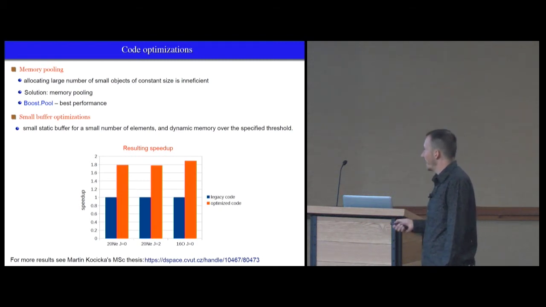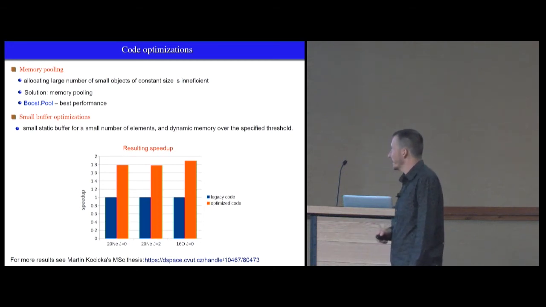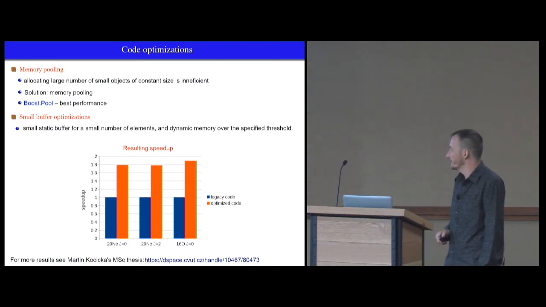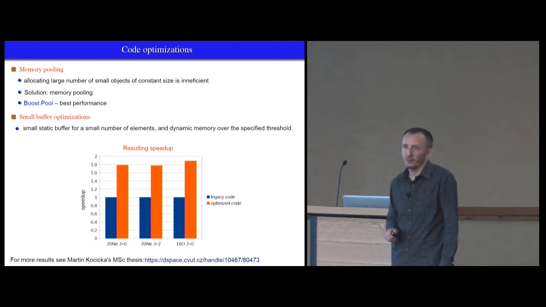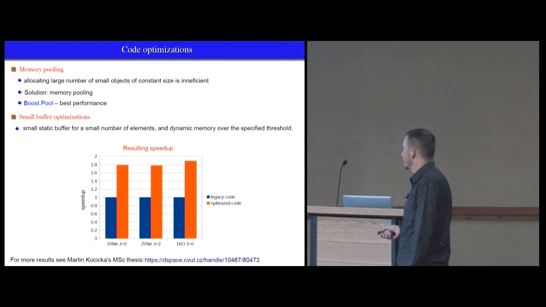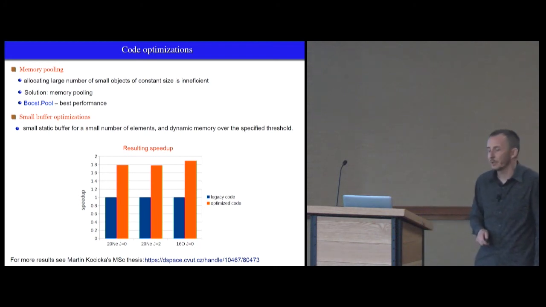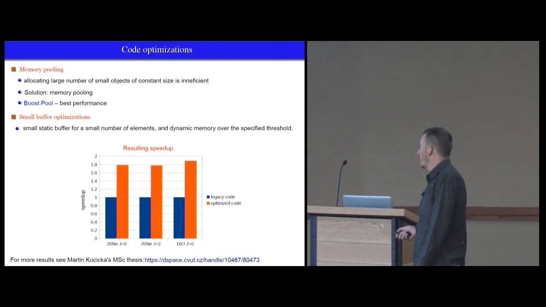So it's almost factor of 2 improvement in the matrix construction. And this work was actually part of one of our students' thesis. And if you are interested in more details about his work, you can find it here online.